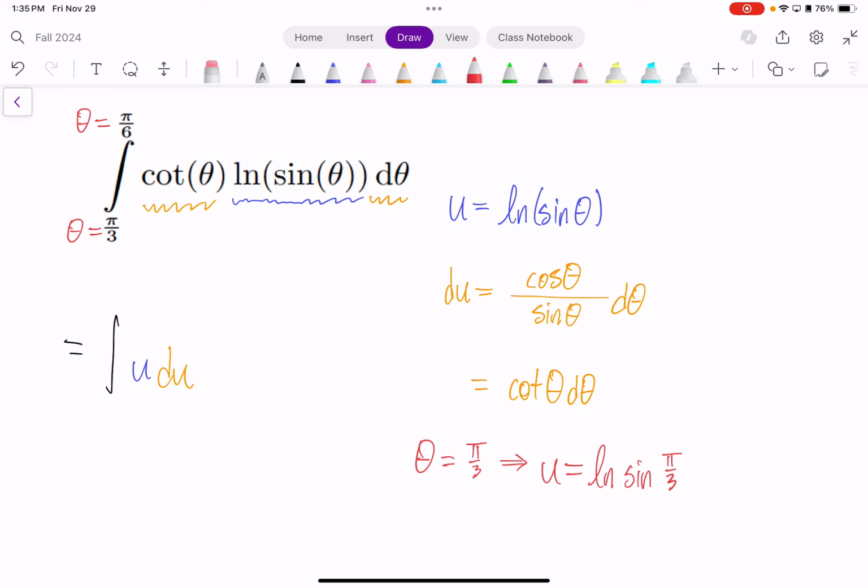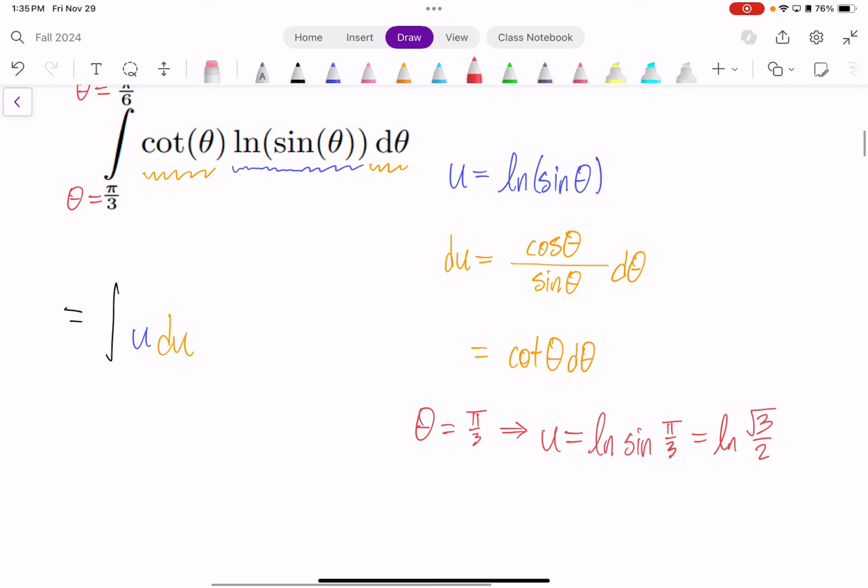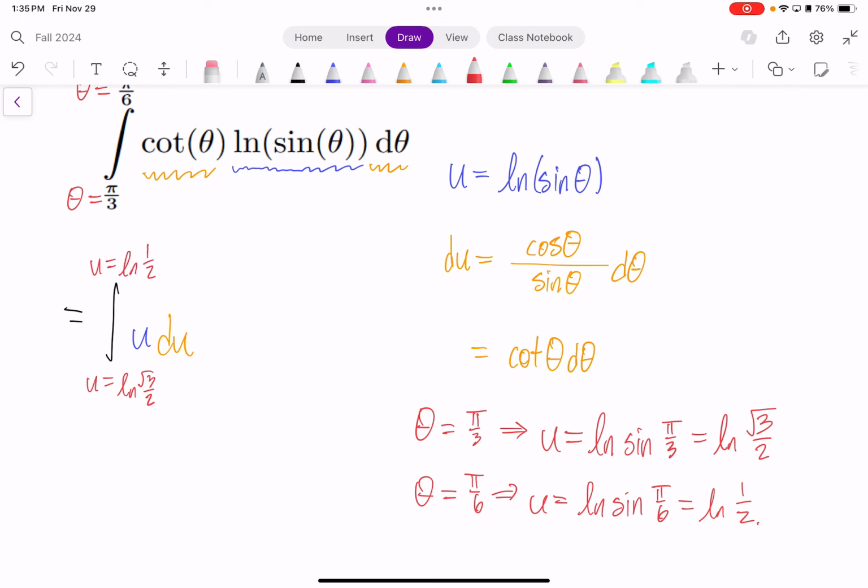Sine of pi over 3, we'll remember that's root 3 over 2. So this is going to be the ln of root 3 over 2. Similarly, when theta is pi over 6, u is going to be the ln of sine of pi over 6, which is the ln of 1/2. So we're going to be integrating from u equal to ln of root 3 over 2 up to u equal to the ln of 1/2.